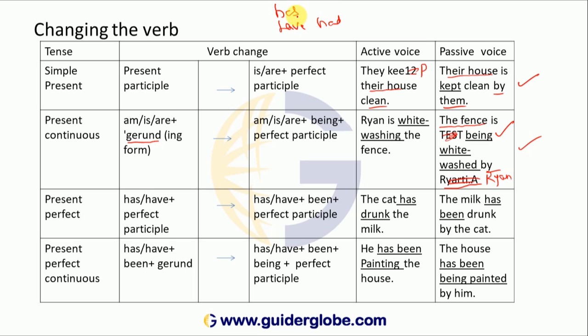She has done. They have gone. She had eaten. That is past perfect. Now we are going to see present perfect. Has, have plus a past participle. That means the third form will come.